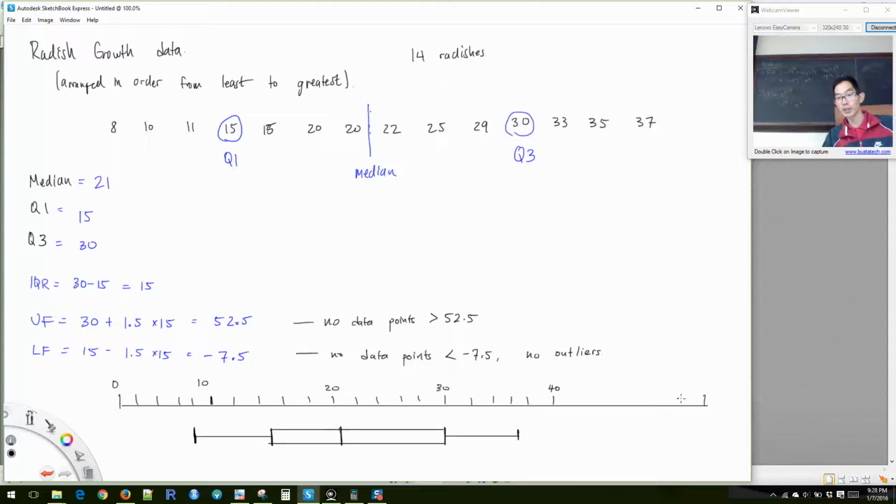I don't have to necessarily draw these, but I would have an upper fence and a lower fence down at negative 7 or something like that. So I have no outliers. This is just what my box plot looks like here. Any questions on the box plot?